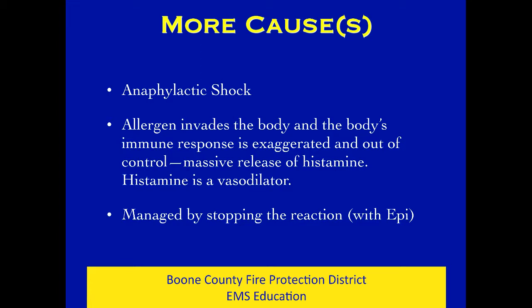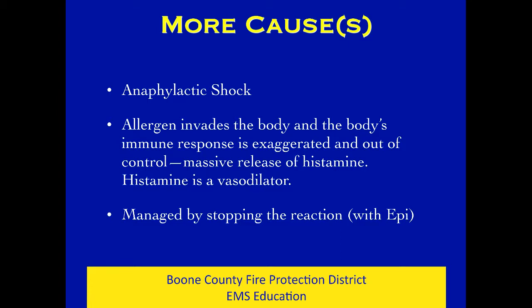Another cause of distributive shock, so we've talked about neurogenic briefly, we talked about sepsis briefly, would be anaphylactic shock. And this is a systemic, over-exaggerated, crazy, out-of-control response to an allergen. If you have an allergy to bee stings and you get stung by a bee, you release way too much histamine, not the normal amount that's released by people that don't have an allergy to that.